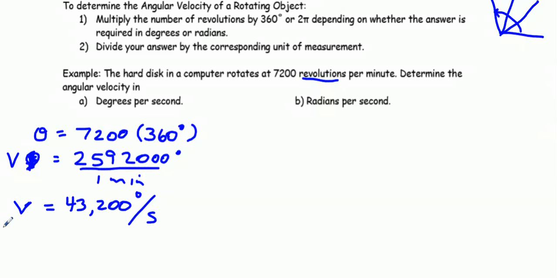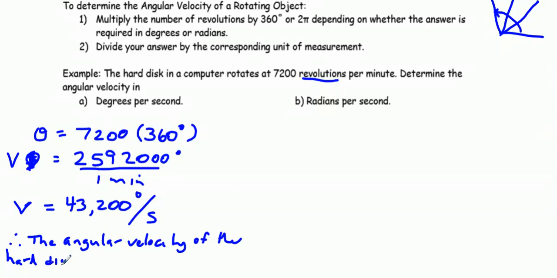Okay. Should put a little conclusion there: the angular velocity of the hard disk is 43,200 degrees per second. That sucker's rotating pretty fast.